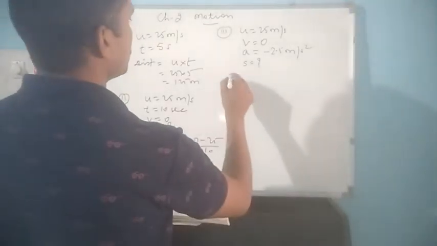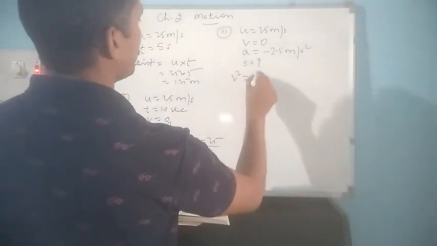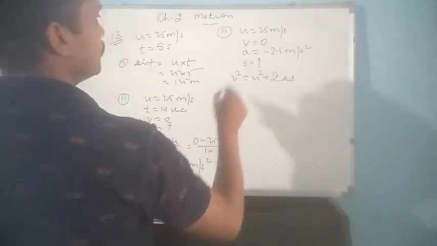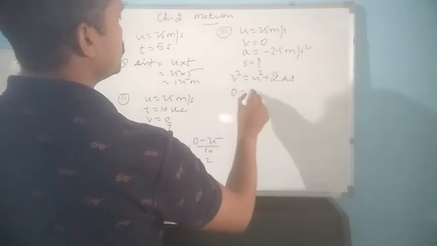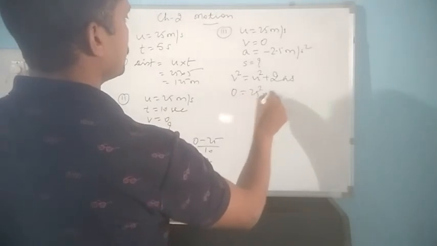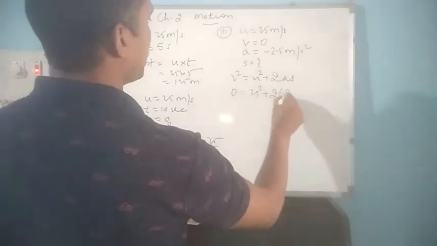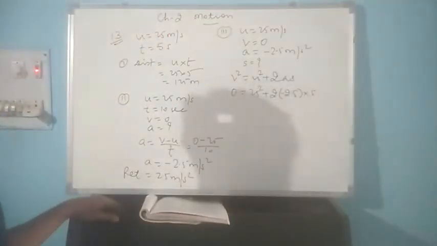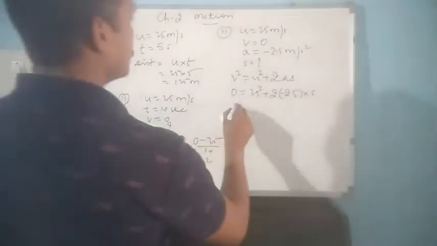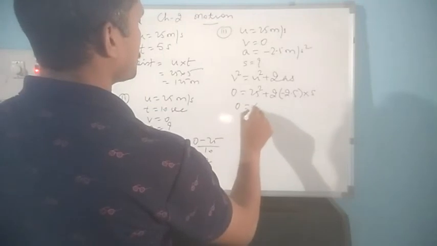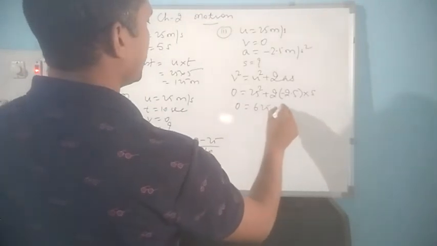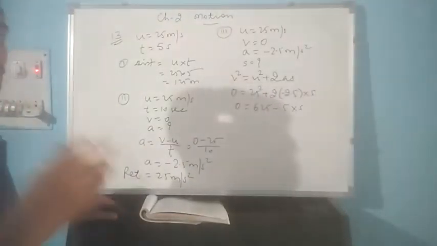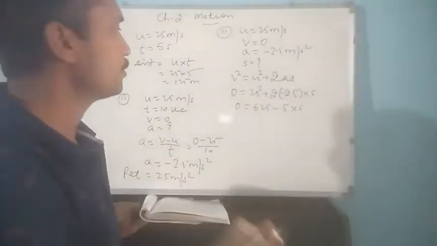So we can use the third equation of motion, v square equal to u square plus 2as, where v is 0, u is 25 square plus 2 into minus 2.5 into s. We can write 625 minus 5 into s. The value of s, that is the distance, we have to find out.